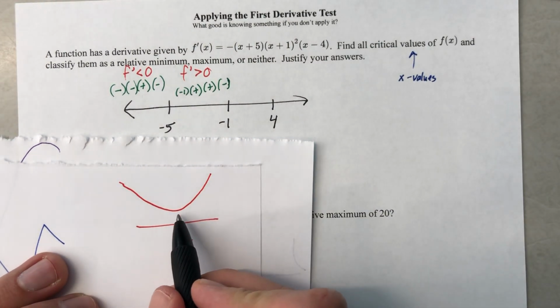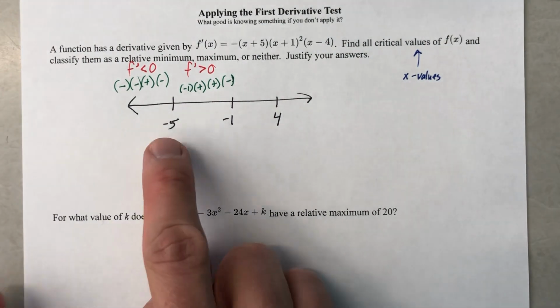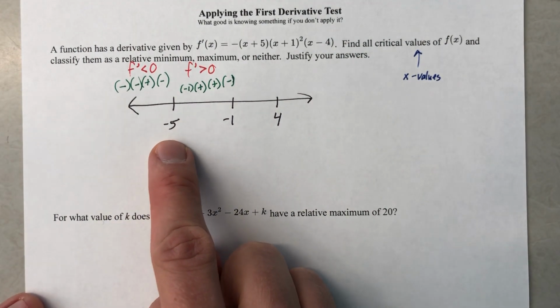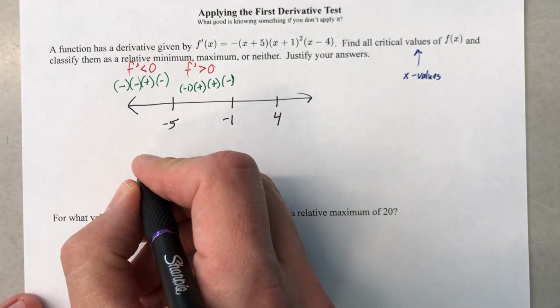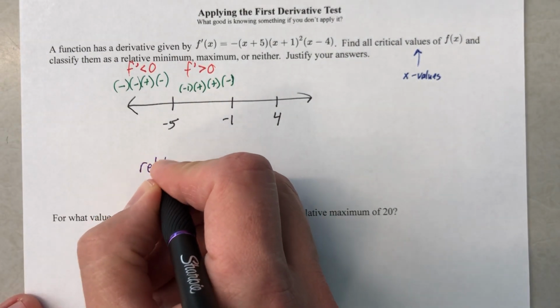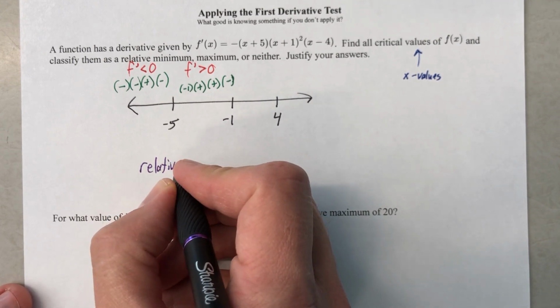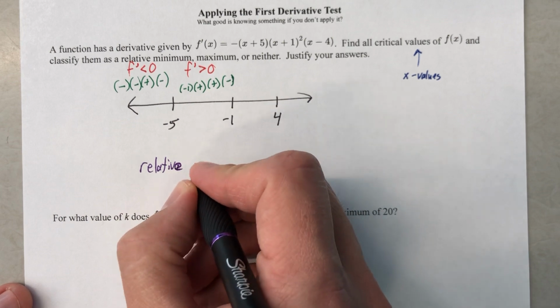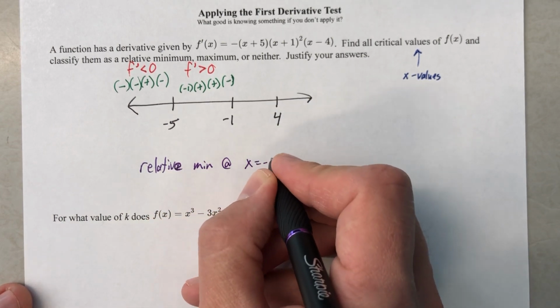I'm going to have a minimum at -5. So this one right here is going to be a relative minimum. Maybe it's an absolute, but we'll just go with relative. So we're going to have a relative min. Relative minimum at x equals -5.